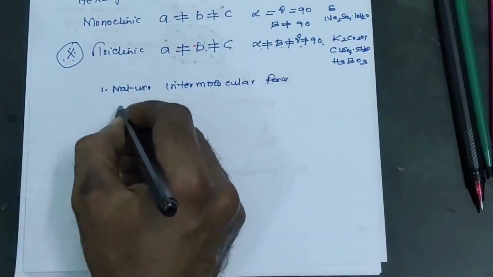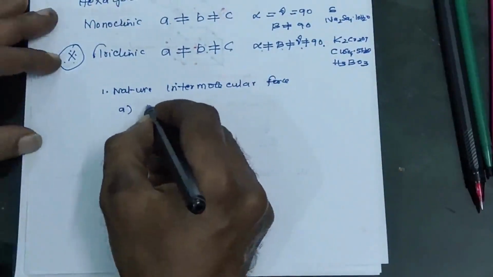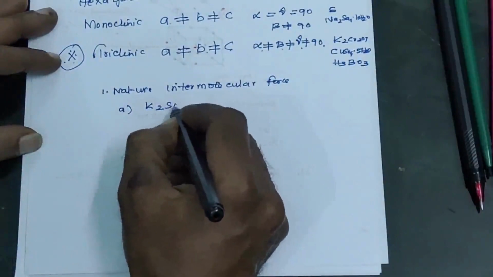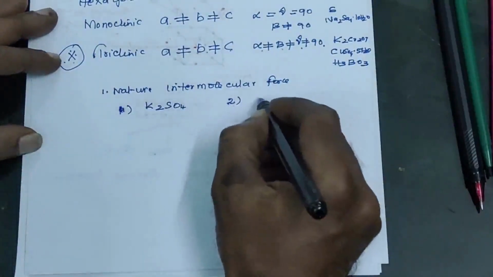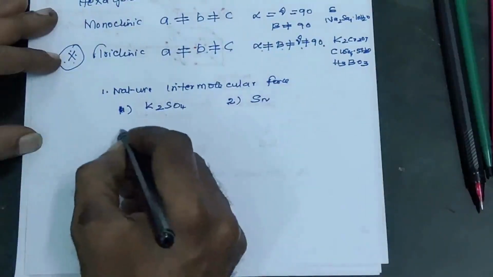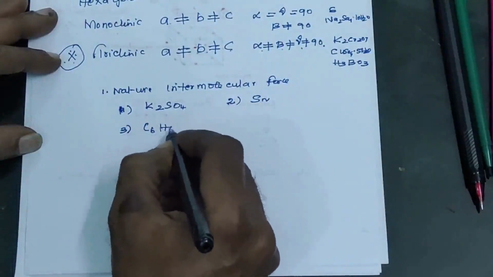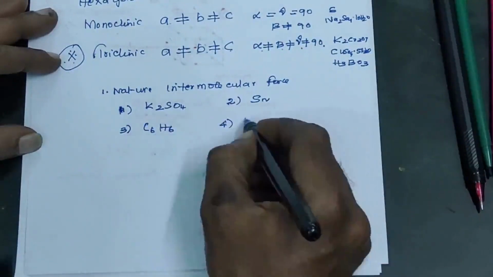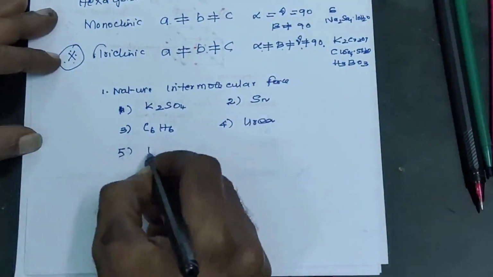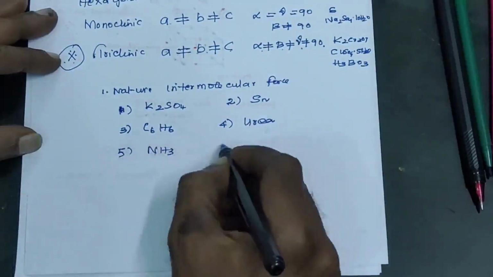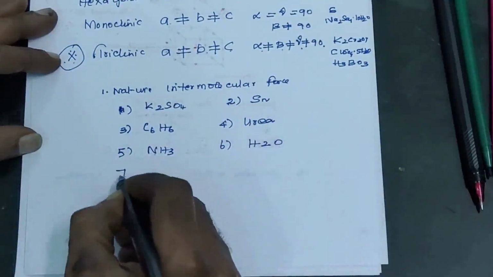1. Potassium sulfate. 2. Tin. 3. Benzene. 4. Urea. 5. Ammonia. 6. Water. 7.